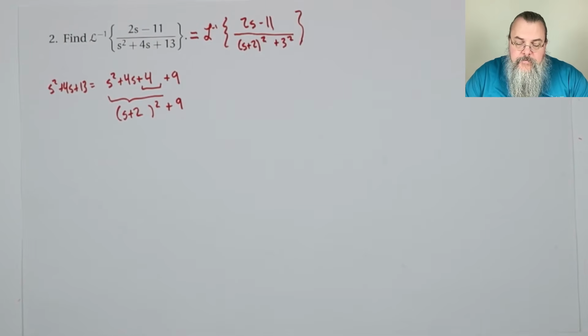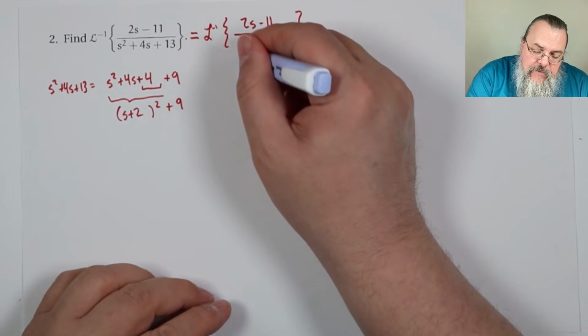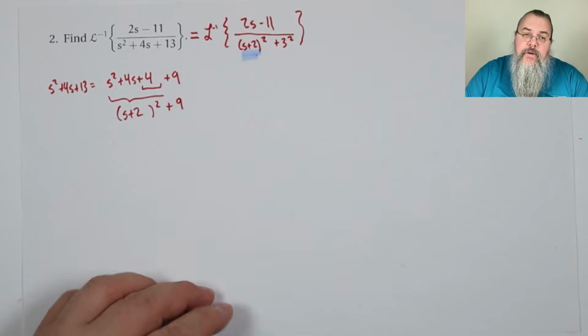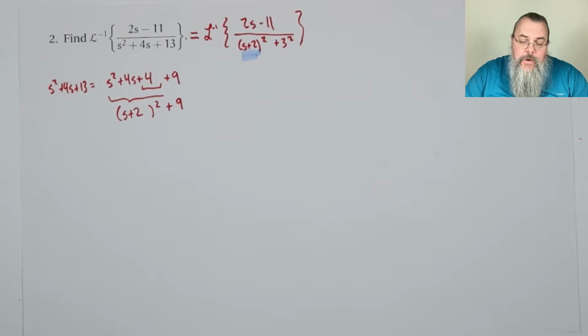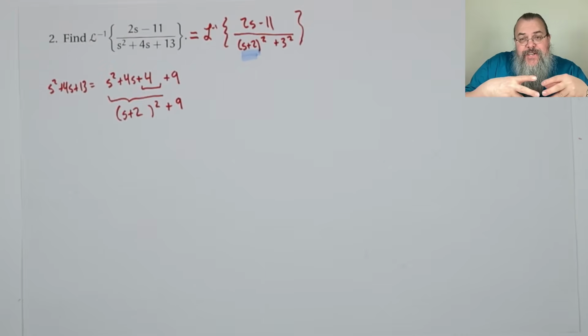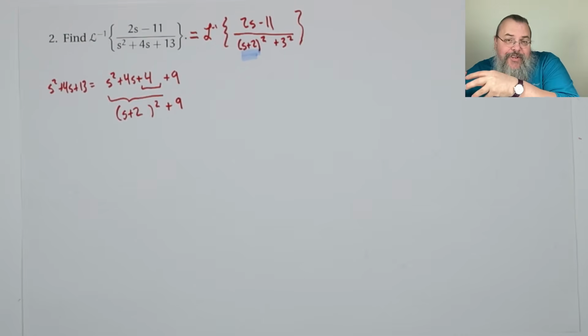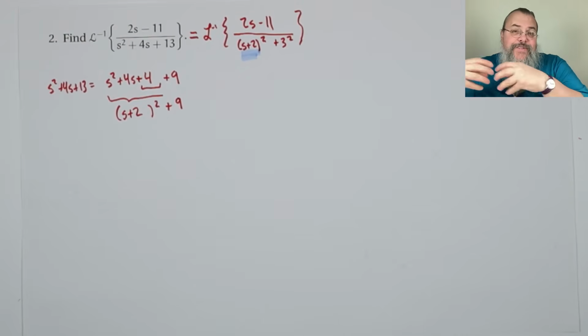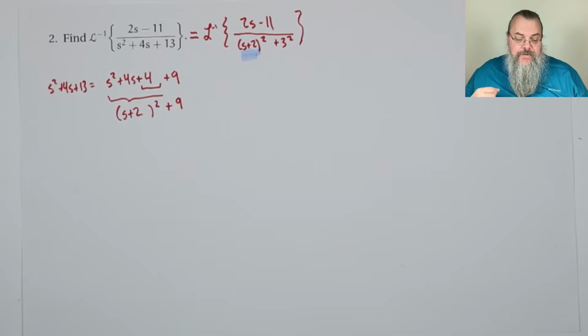Now, what would we like to do upstairs? And this is important to understand. Downstairs, see how we have things expressed in terms of s plus 2? We want to mimic that upstairs. In other words, if we see a shift happening downstairs, we want the upstairs to have that same kind of shift.